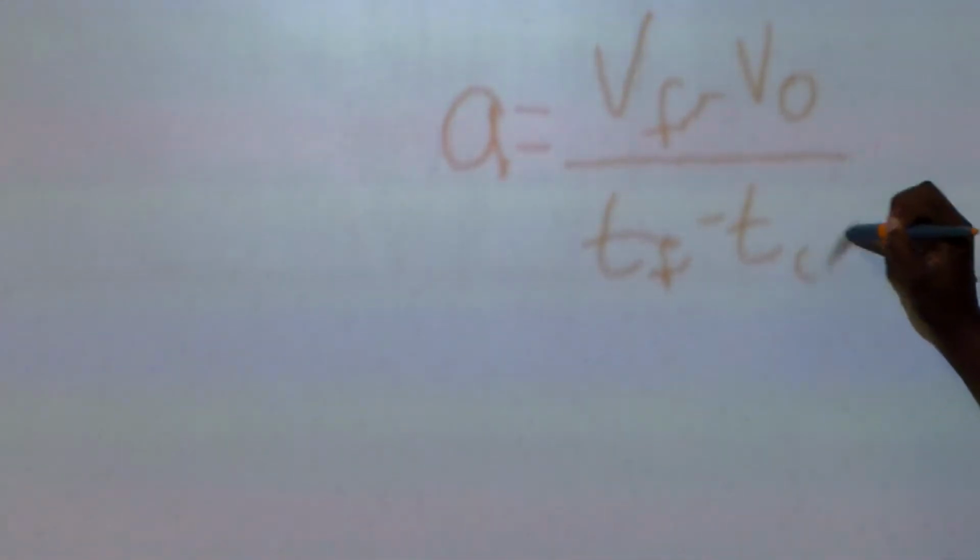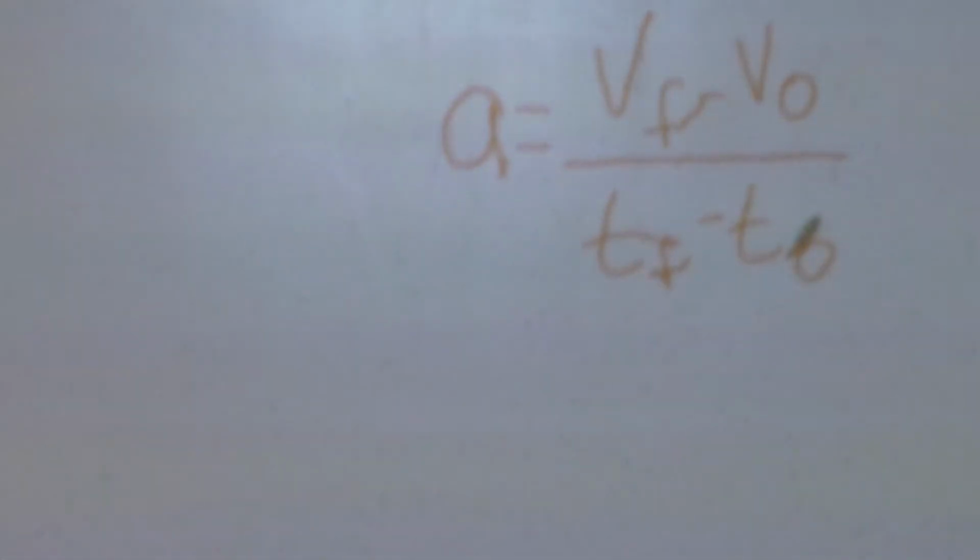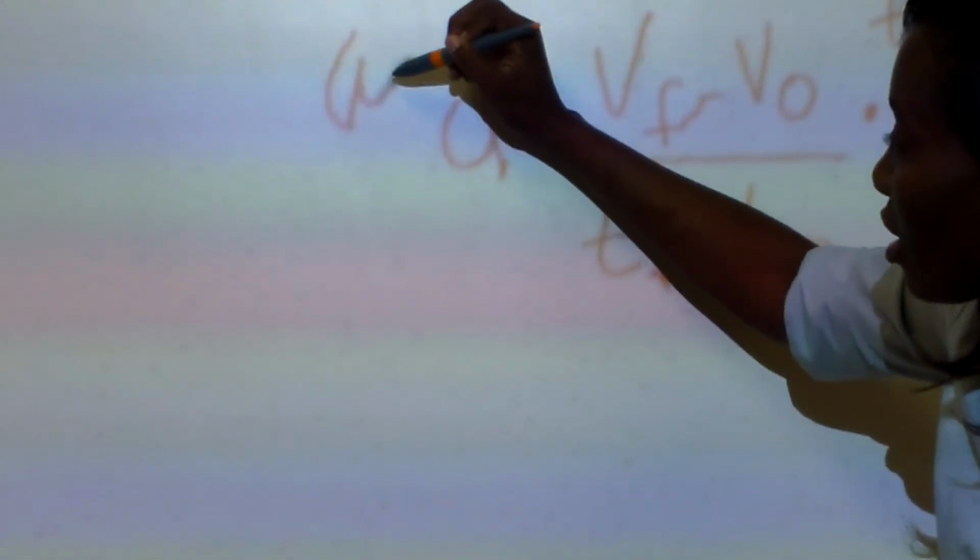Now, can we just jump straight into the problem and just pull T sub F out of there? No. Remember, you still have to do your same steps like solving an equation, and that would be to get rid of what first? Fractions. And how do we eliminate fractions? Multiply by the common denominator. So here we're going to multiply both sides by T sub F minus T sub O. I'm going to put this in parentheses because it's two terms.